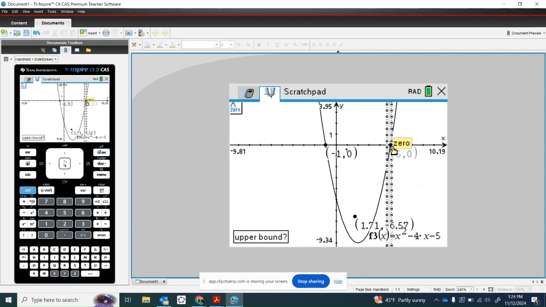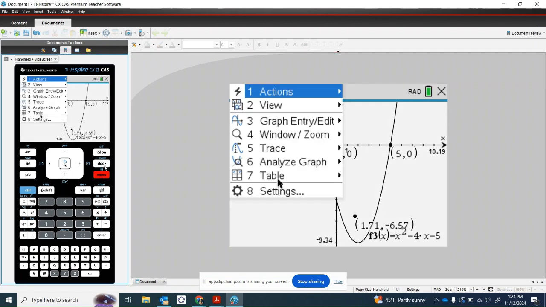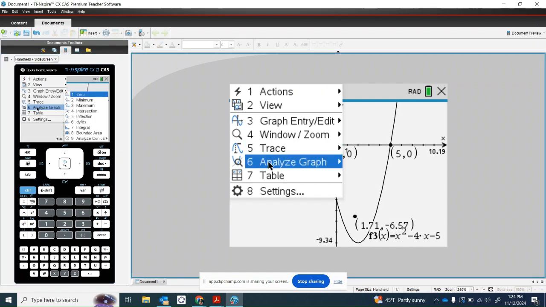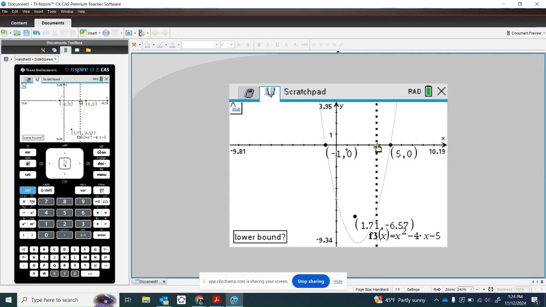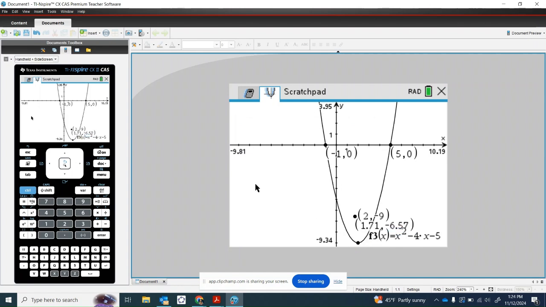To the left, click. To the right, click. Same thing will be true for the minimum. So menu, analyze, minimum. So go to the left of it, enter. You'll go past it, enter, and then that is there.